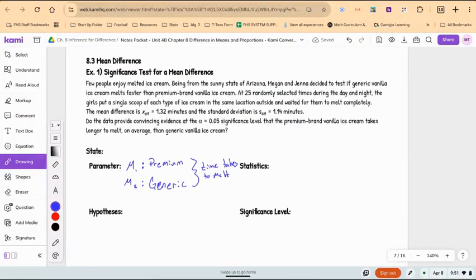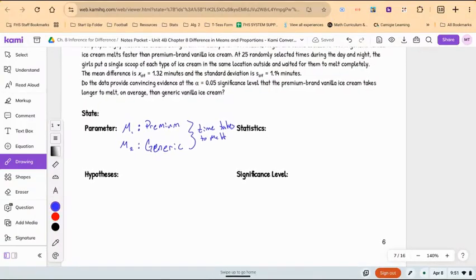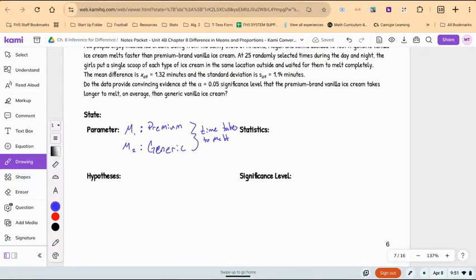Okay, my hypotheses are a little bit different than the other day. So we still have our null hypothesis and we have our alternative. Okay, in this case, we're going to do mu, and then we're going to use the subscript of diff for the mean difference. So that's all that describes, the mean difference.